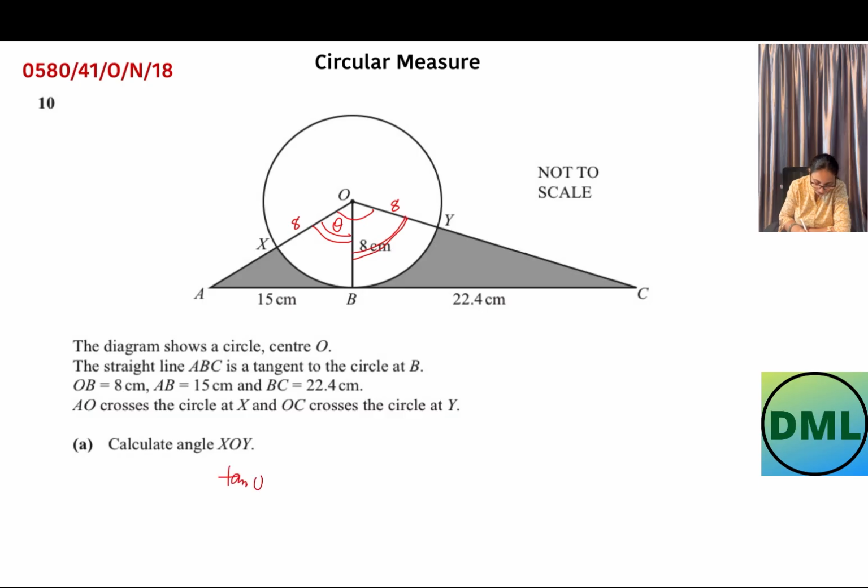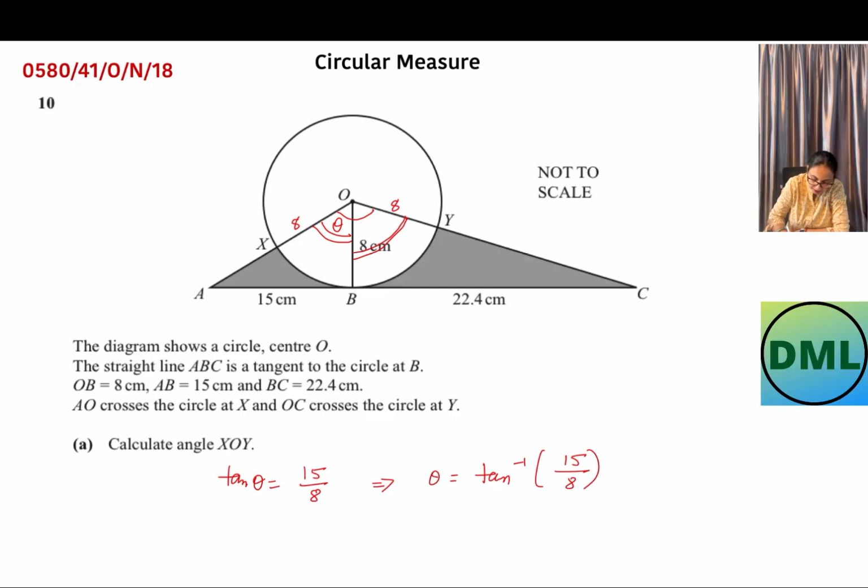Tan theta is opposite over base, which is 15 over 8, so theta is equal to tan inverse of 15 over 8. If you calculate this in the calculator in degree mode, theta is equal to 61.9275 degree. You don't have to round off the answer right now.